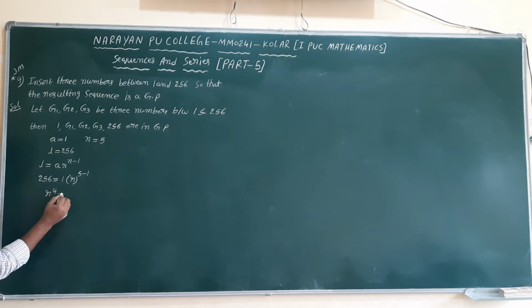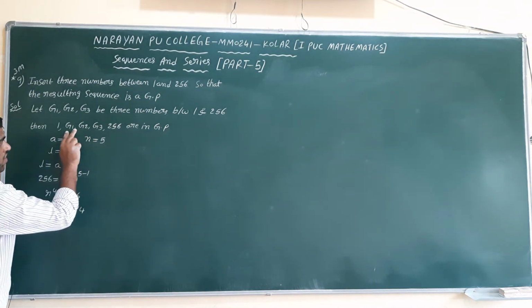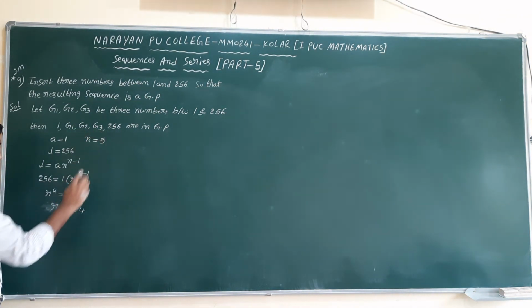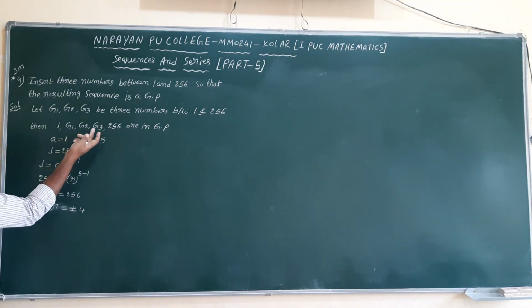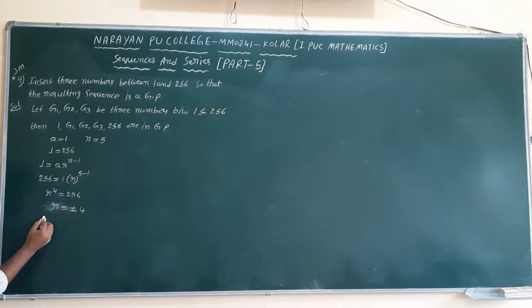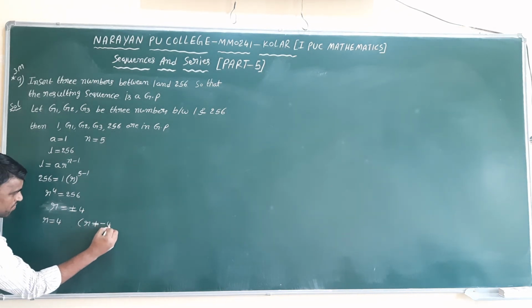Then r power 4 equals 256, so r square whole square equals 256, otherwise r is plus or minus 4, since 4 power 4 is 256. If it is plus only, the values will exist in this range. If we take r value minus, 1 into minus 4 is minus 4, which is not in between, so we need to take only 4. So r is not equal to minus 4.